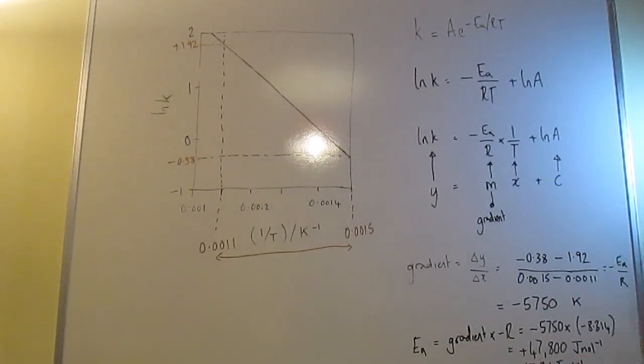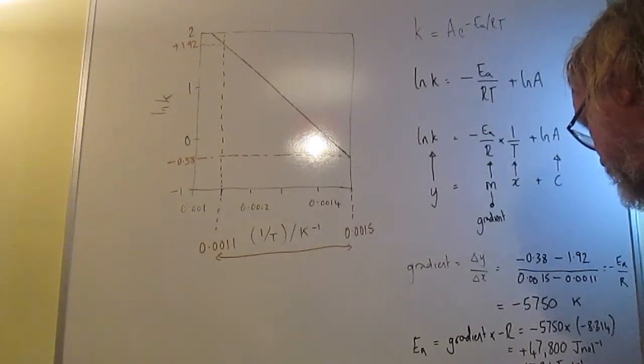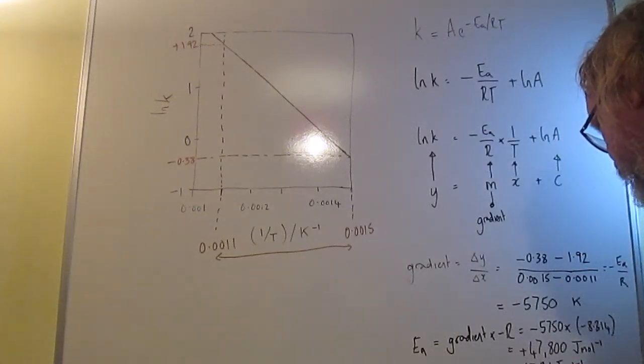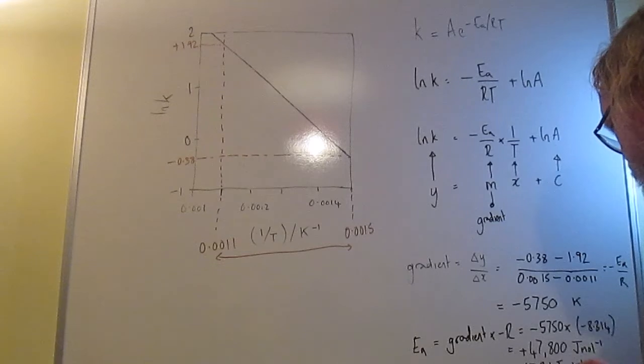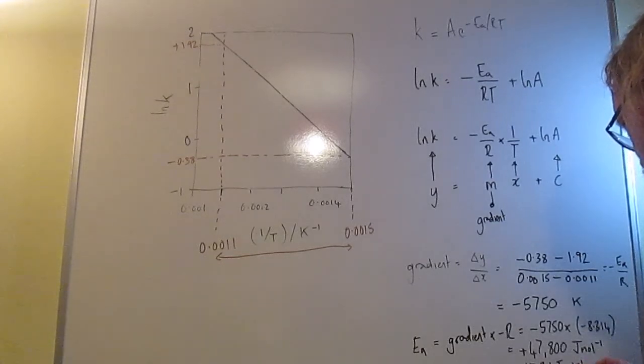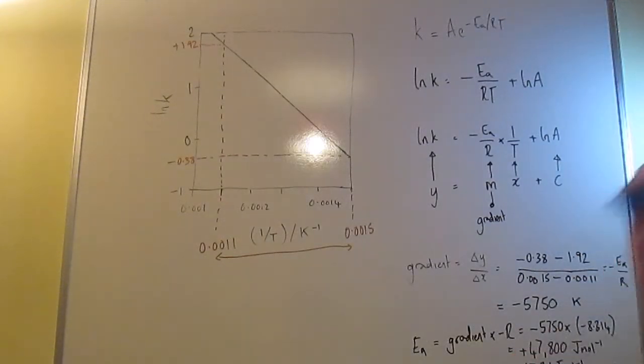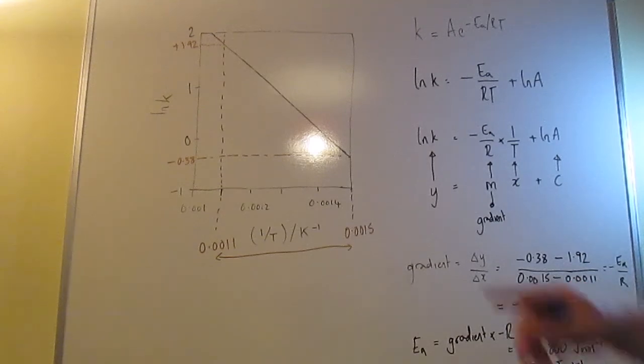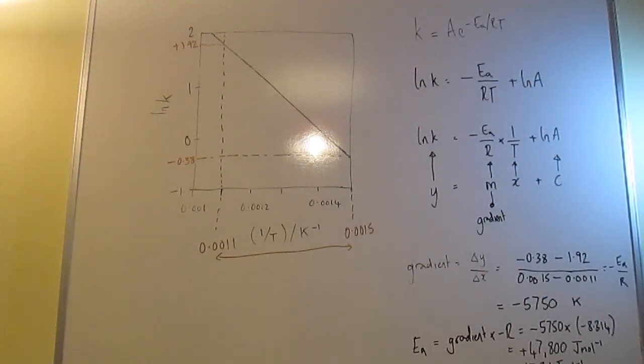And then it asks for it to two significant figures, which is therefore plus 48 kilojoules per mole is the answer. Notice I put the explicit plus sign in. You should always do that with energies in chemistry, whether it's just enthalpy calculations or activation energies in this case. If it's a positive number, you put the positive in front of it, and you may possibly get penalised if you don't. Okay, so that's how to get activation energy from one of these kind of graphs.